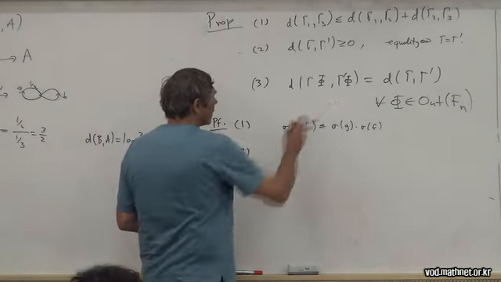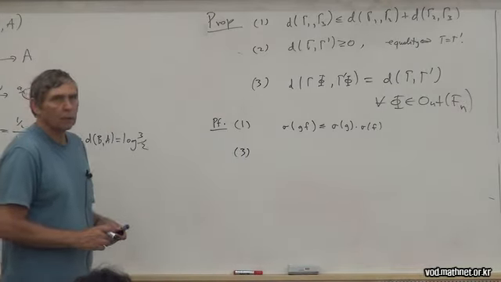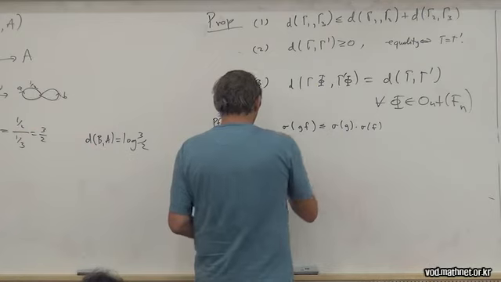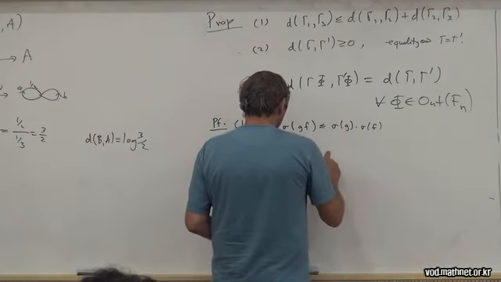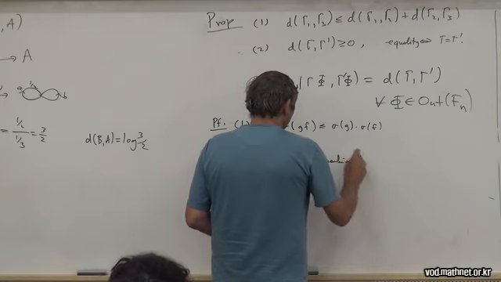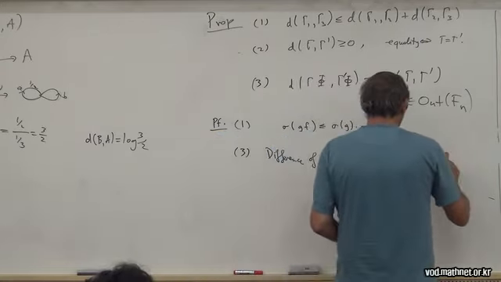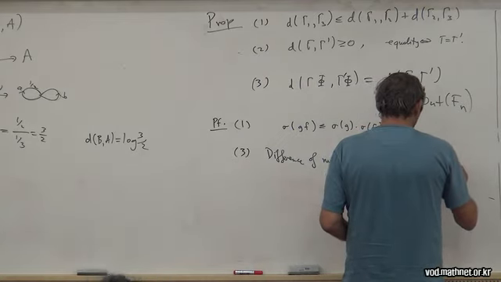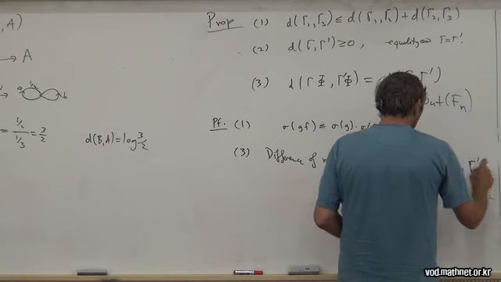Number 3 is also easy because the difference of markings is the same. The difference of markings for gamma, gamma prime and gamma phi, gamma prime phi are the same.